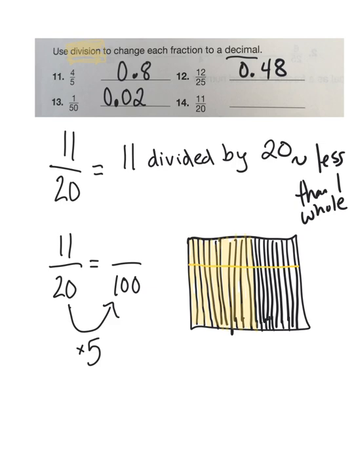So now, when I do that, I've got 55 out of 100 equal pieces shaded in. And 55 hundredths is written in decimal form like this.